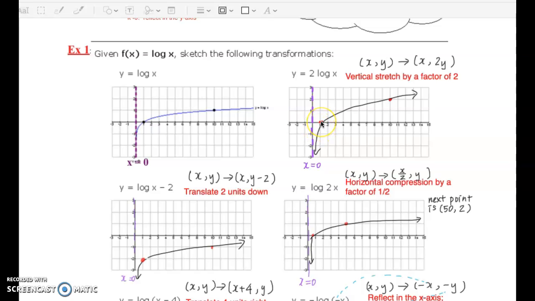So this point stays the same. A vertical stretch does not affect the position of the vertical asymptote, so it's still at x equals 0. And then at 10, we used to be at (10, 1). Now double that distance from the x-axis, we're at (10, 2).